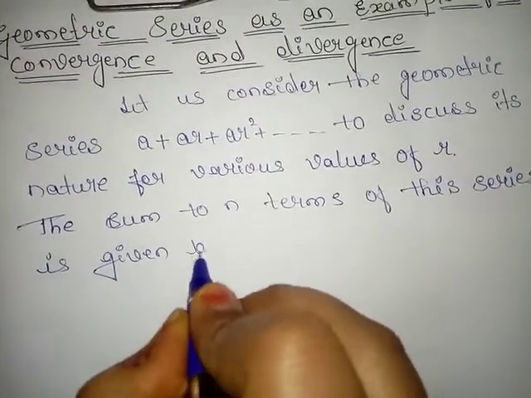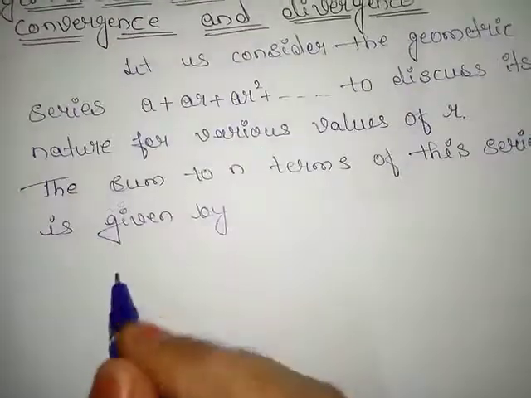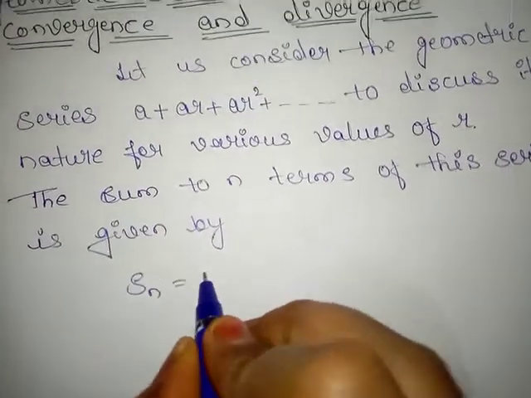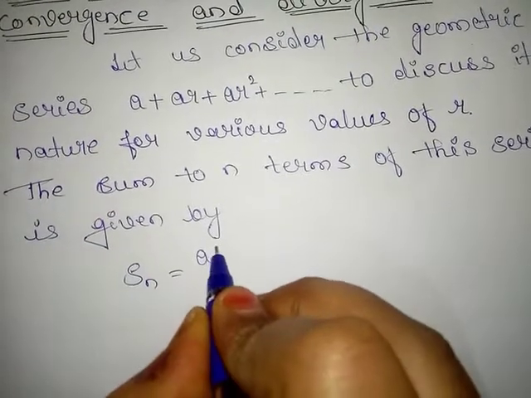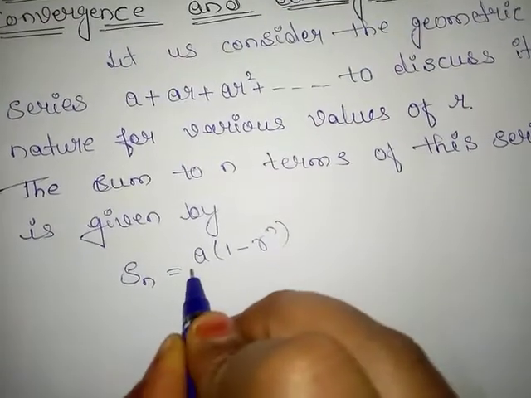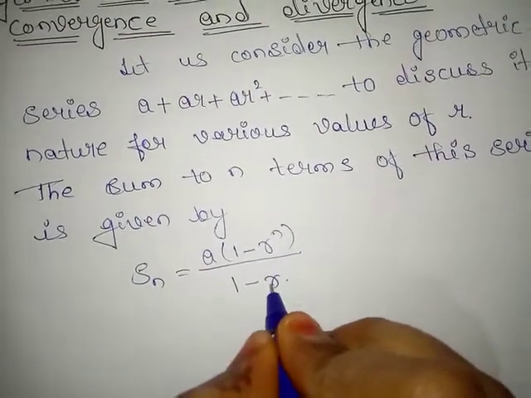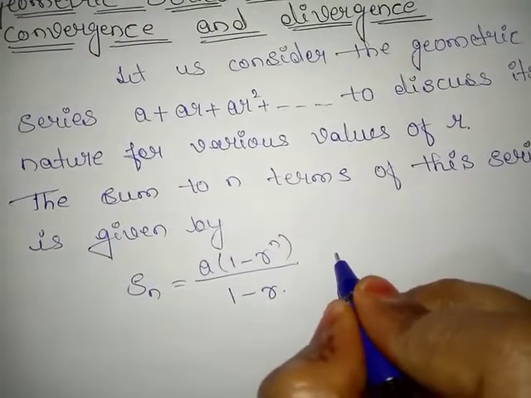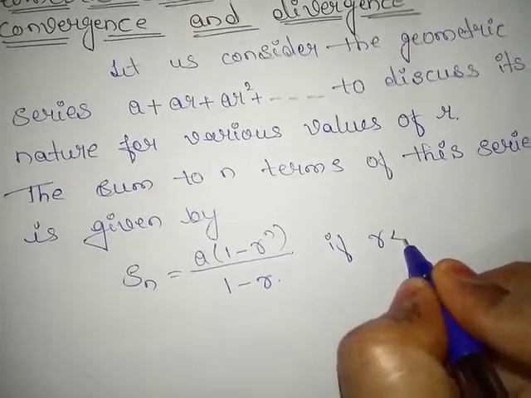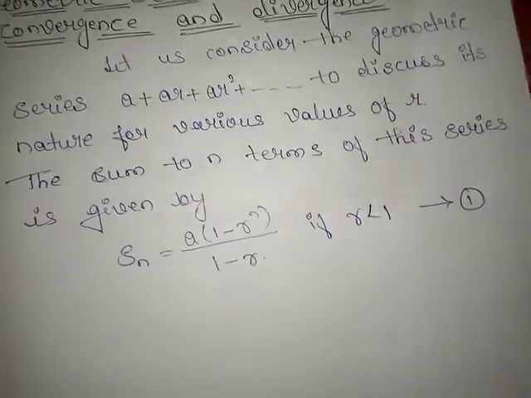we know that the sum to n terms of a geometric series is, you already studied this result, Sn is equal to a into 1 minus r raised to n divided by 1 minus r. I will write r like this here to avoid confusion. If r is less than 1, consider this as result 1.